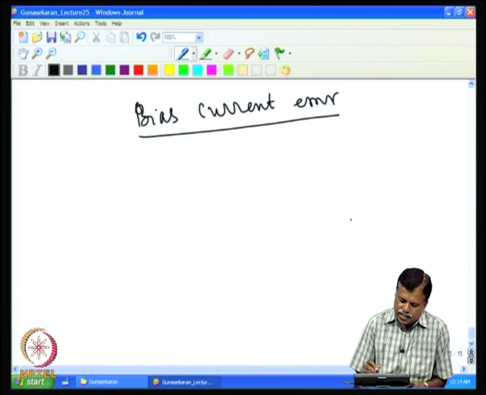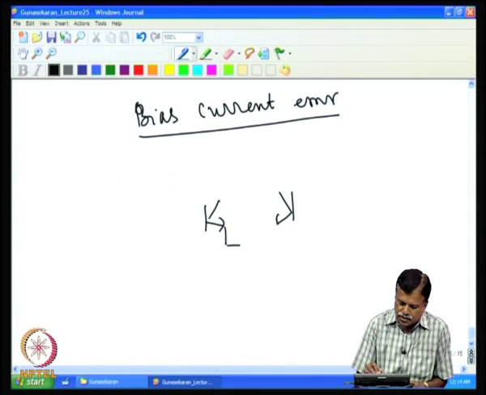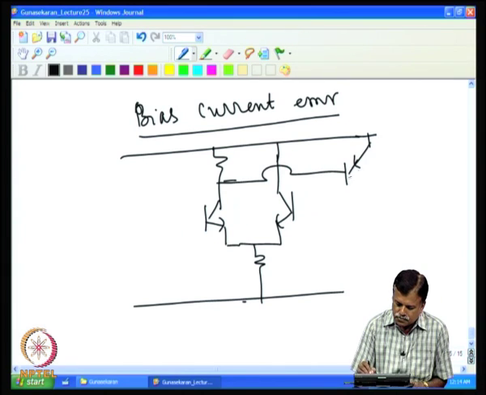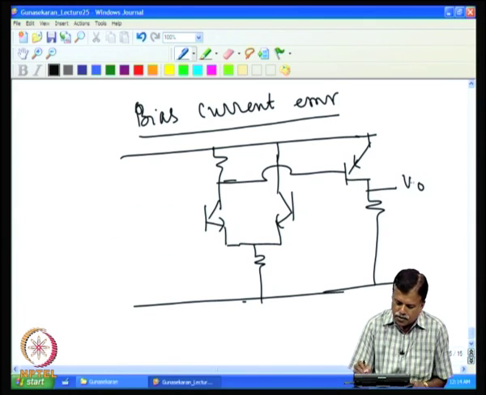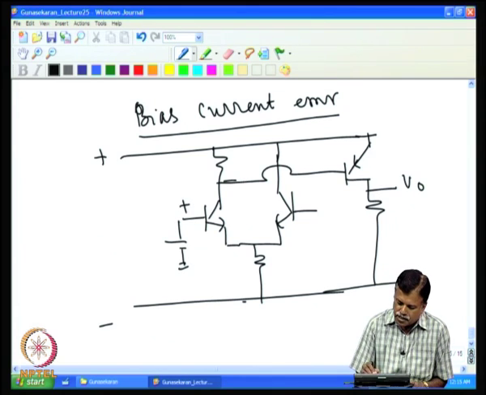Now, the bias current error. If you look back at our original simple op amp circuit, then we had this, this is our output, and then this is plus, this is minus, and we have the plus input here and this minus.